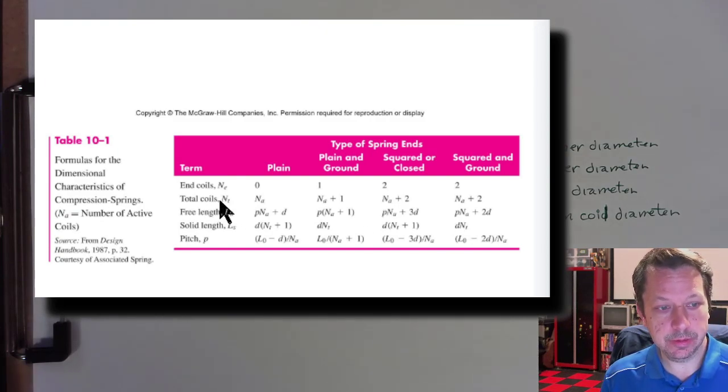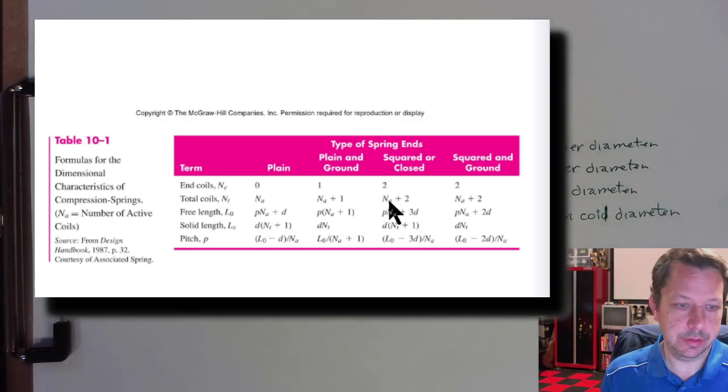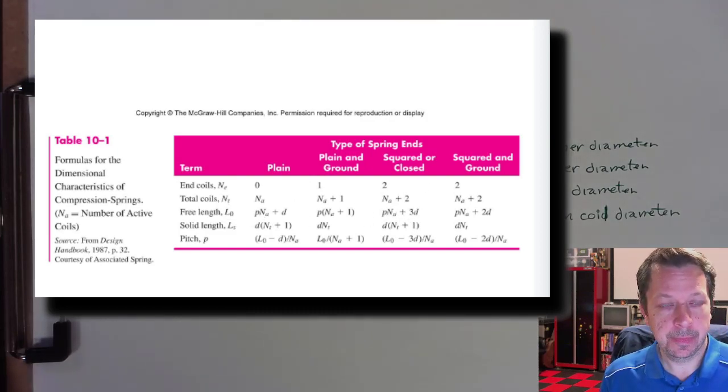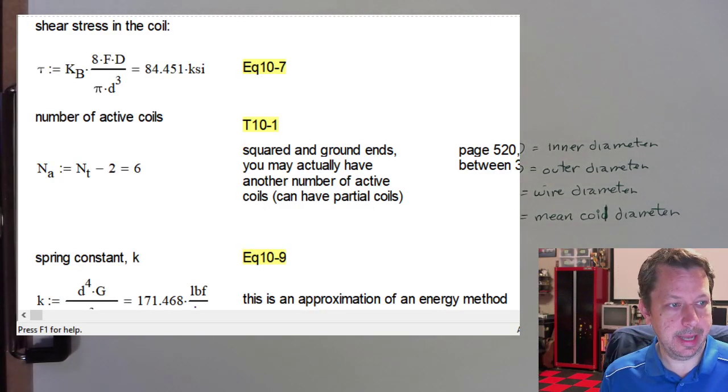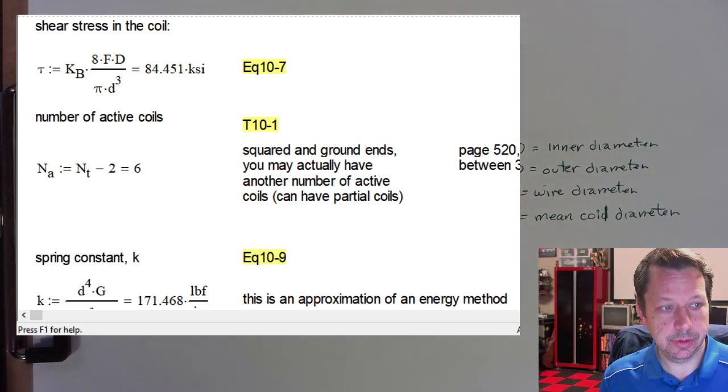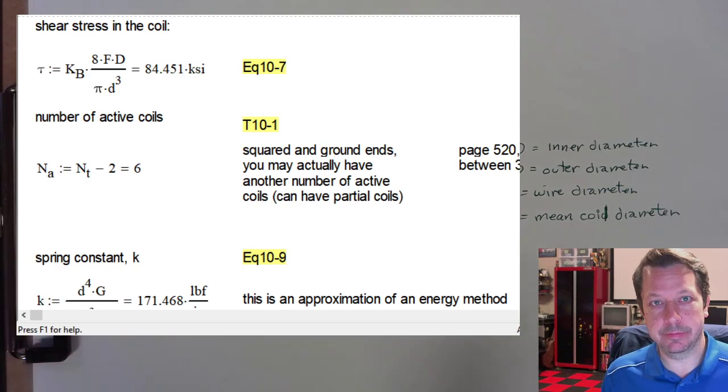So we counted that our total number of coils equals N_A, the active number, plus 2, then we could also know that the active number is the total minus 2. So that's what I've got over here, that the active is number of total coils, 8, minus 2, so the 2 on the ends that have been folded in are dead coils.